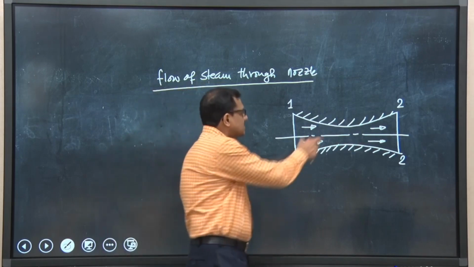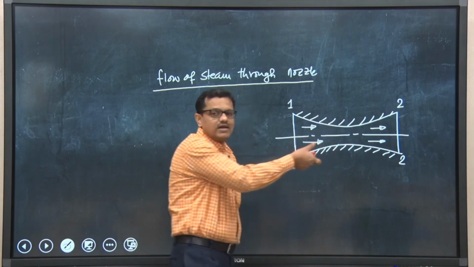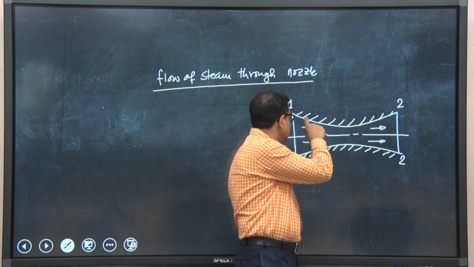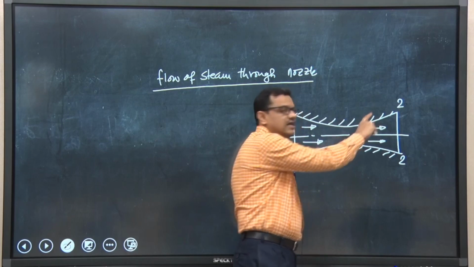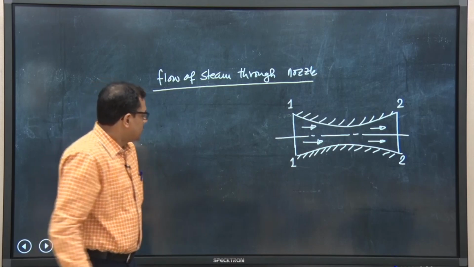What is happening over here? As the steam passes through this duct of this shape, initially we have decreasing area, then the area increases gradually.